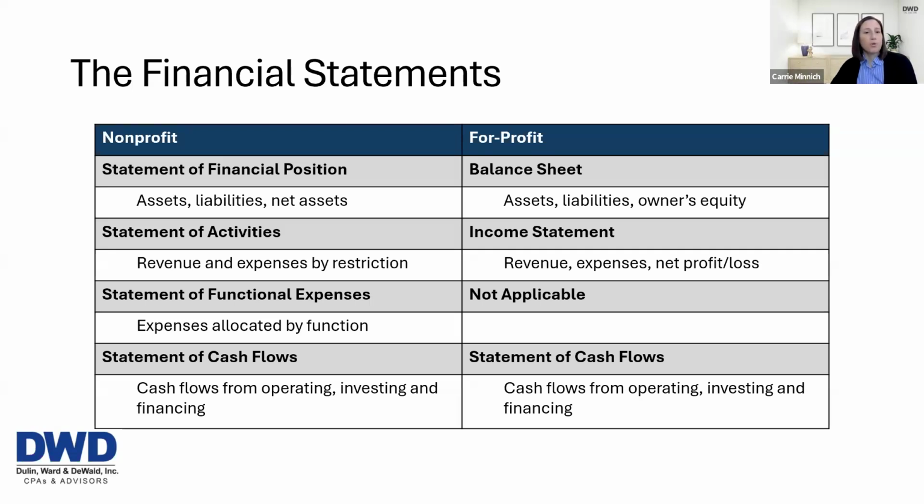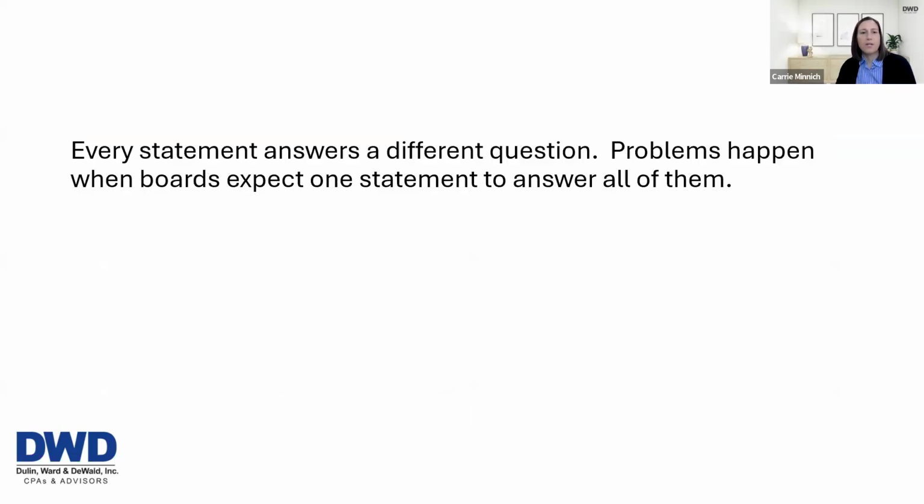Now, the nonprofit world has a statement of functional expenses. The for-profit world does not have this statement. And this shows all of your expenses allocated by function. And we'll talk about that a little bit later. And then we have the statement of cash flows, which is also in the for-profit world. So four basic financial statements that we're going to talk about today in a set of nonprofit financial statements.